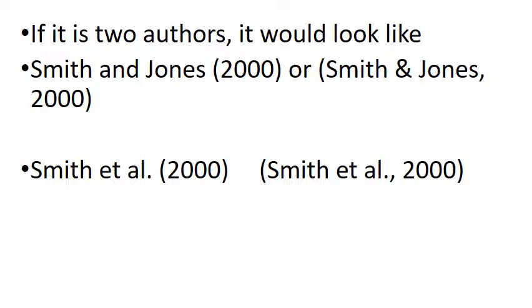But if it was at the end of the sentence, in curly brackets, it would be Smith, the and symbol, and I think you get the and symbol by pressing, is it called the shift key on the left? It's difficult to say because on my keyboard it's an upwards arrow, and then the number 7, Jones, comma, 2000. So that would be if it was at the end of a sentence.